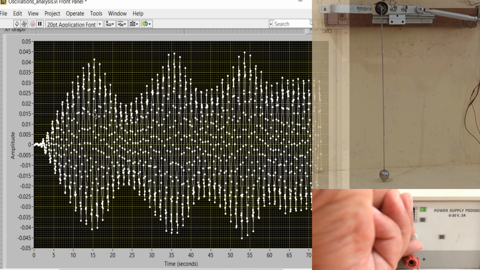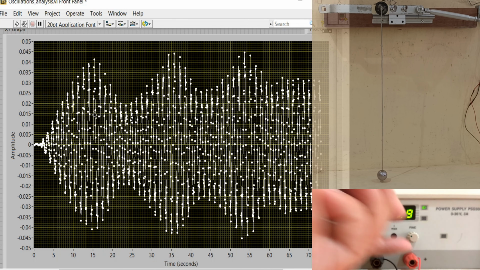Now let us go further, let us say about 6.9 volts.